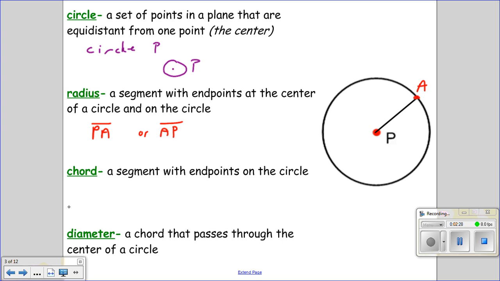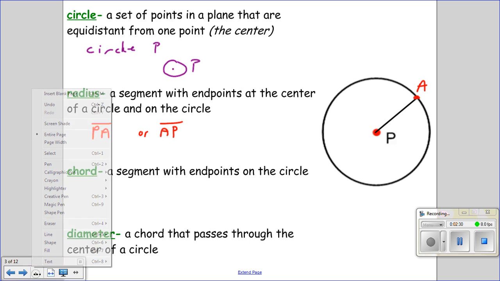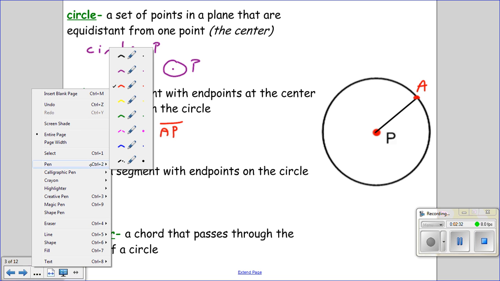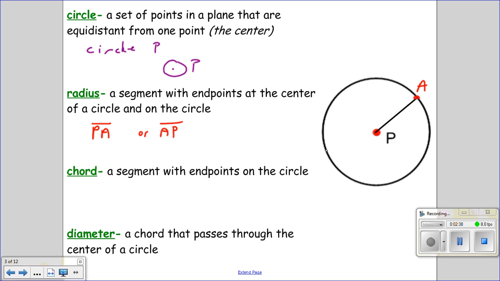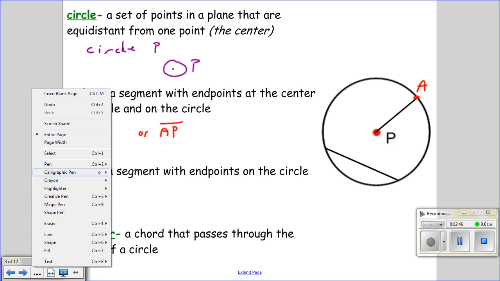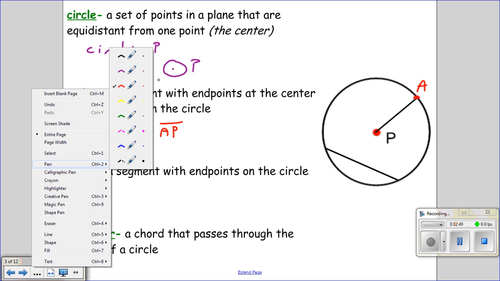The chord is a segment with endpoints on the circle. So a chord is any line on the circle. Again, it must go from point to point on the circle. And it can be anywhere.